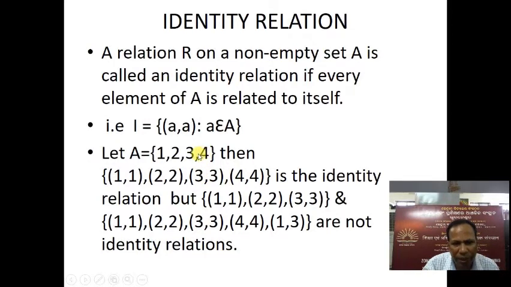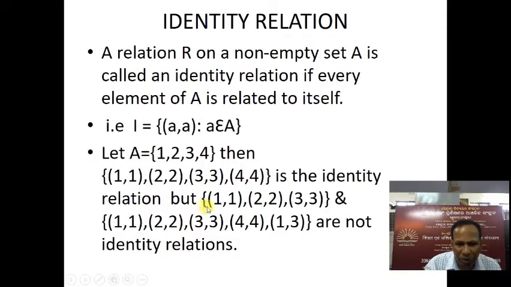Element 4 is present in A, so ordered pair (4, 4) is present in the relation. That means 1 is related to 1, 2 is related to 2, 3 is related to 3, 4 is also related to 4. So obviously this relation is an identity relation.